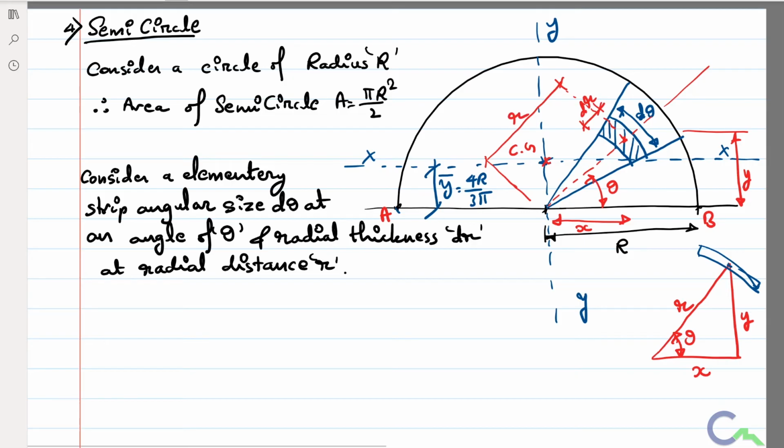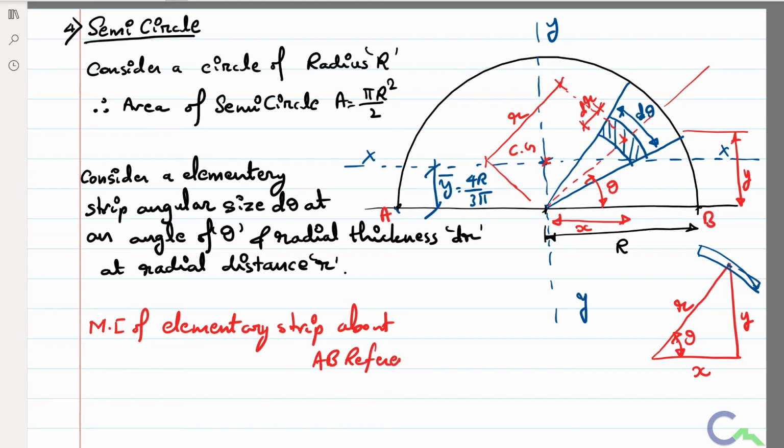Now I am going to consider the moment of inertia of the elementary strip about the AB reference axis, which is equal to the area of the elementary strip into distance square.